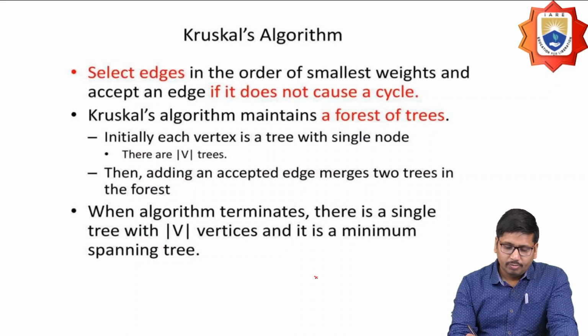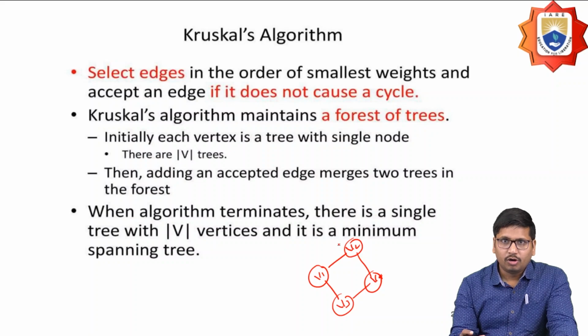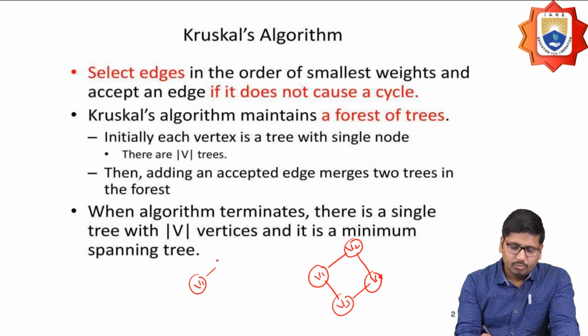A minimum spanning tree means, if I have a graph like this, we have to select the smallest weights in such a way that they do not form a cycle. What is the minimum possibility of visiting all the vertices of the graph?